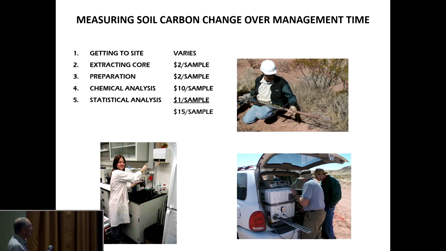So that's going to cost money, $2 to extract a sample. Preparation is still going to, and this is incredibly important to do correctly. Chemical analysis in labs is going to take $10, $15 a sample. Statistical analysis, about $1 a sample. But again, we haven't even really started interpreting the data yet.